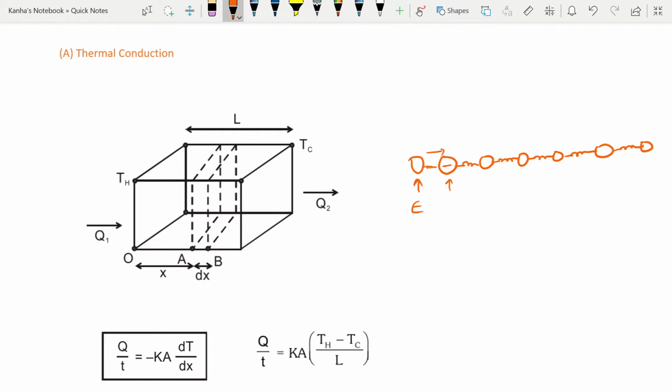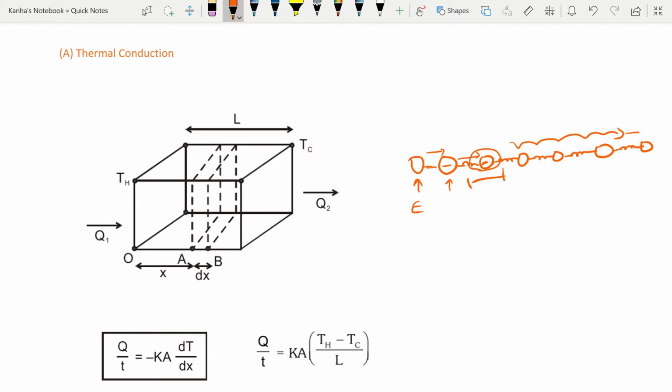Okay, it will start to vibrate and it will pass the energy to the third particle, and that is how, although they are just moving a small distance, vibrating here, the energy is being passed to the other particles.